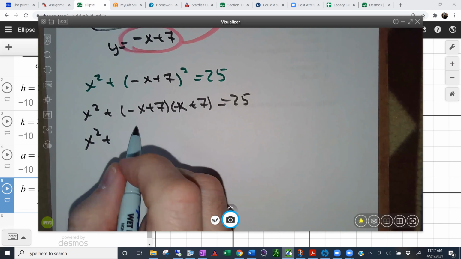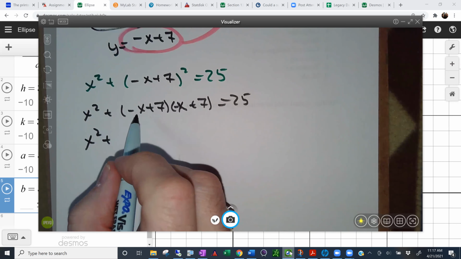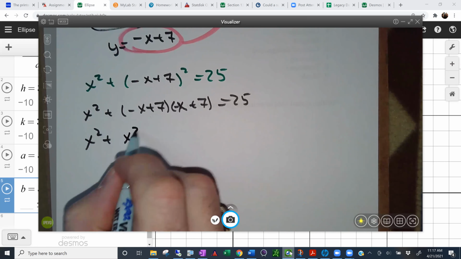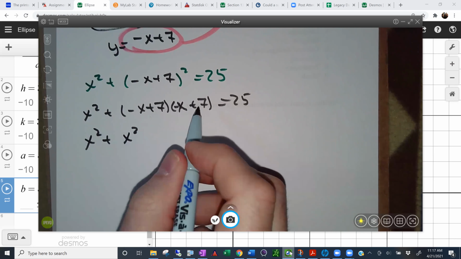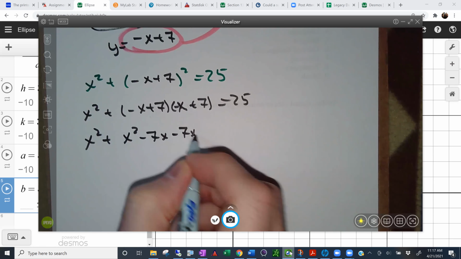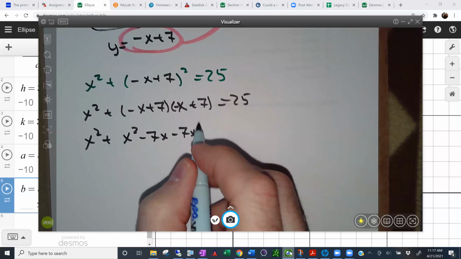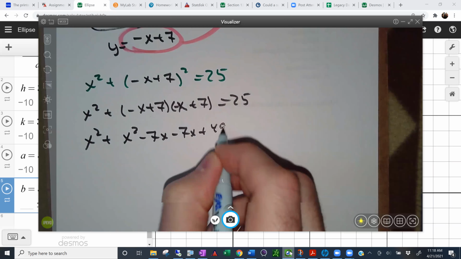Just x squared. There you go, x squared. And then negative x times positive 7 gives me negative 7x. And I get that same product again in the middle. And then finally a plus 49.